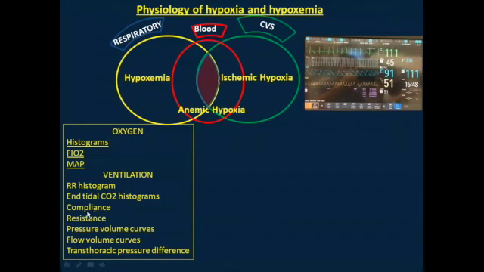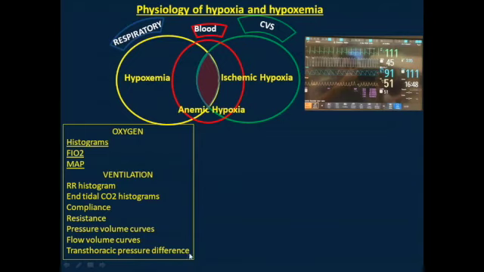The compliance of the lung, resistance of the lung, pressure volume curves, flow volume curves, you can get these from the conventional mechanical ventilation.